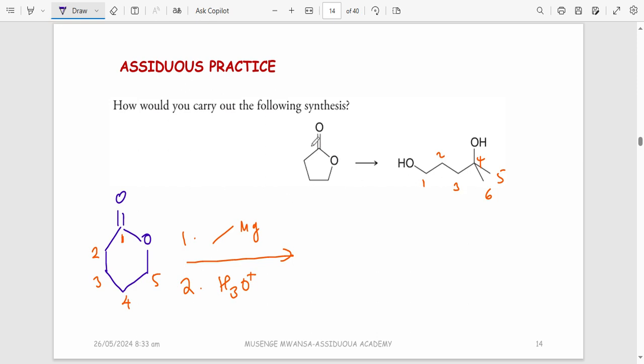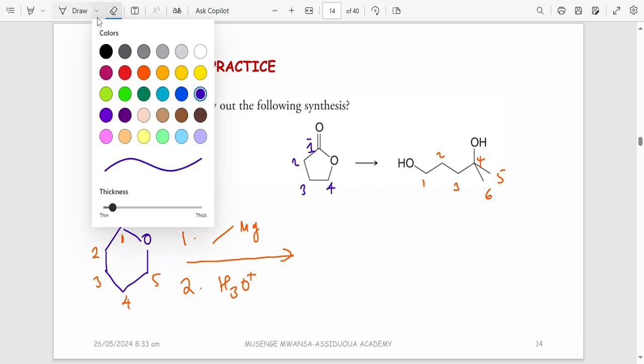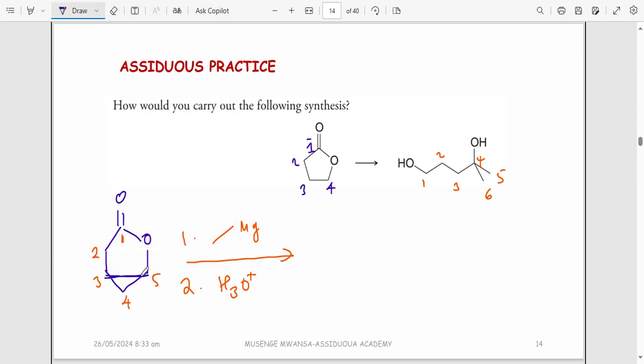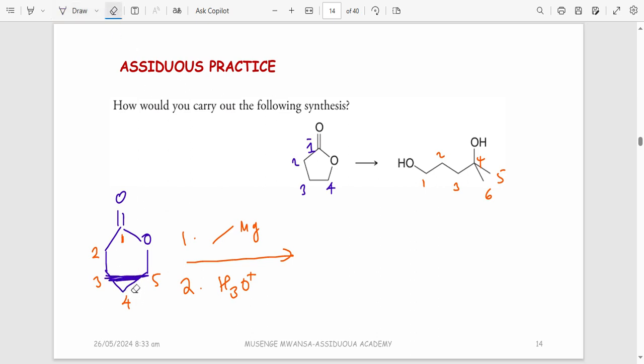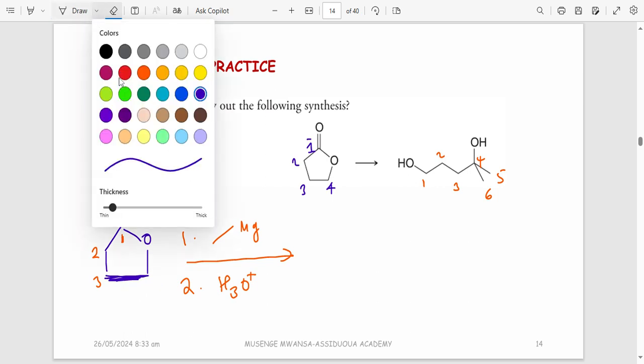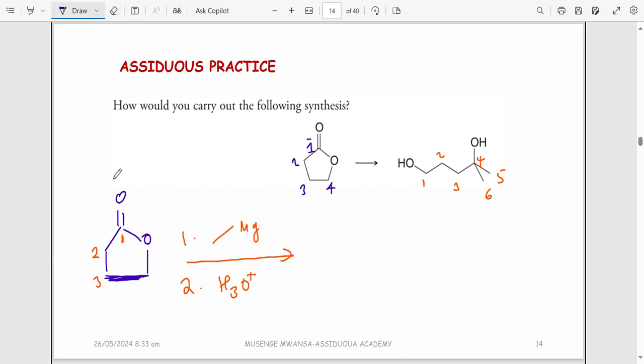Okay, you can see from the reactant, look at the reactant. The reactant has got one, two, three, four. Actually, this one has got four carbons. My drawing here wasn't right. It was supposed to be like this. There are only four carbons. So if you see, we are starting with four carbons, but look at the end product.